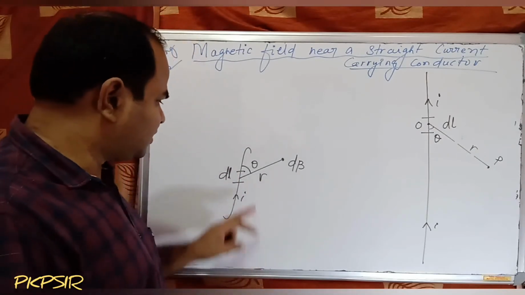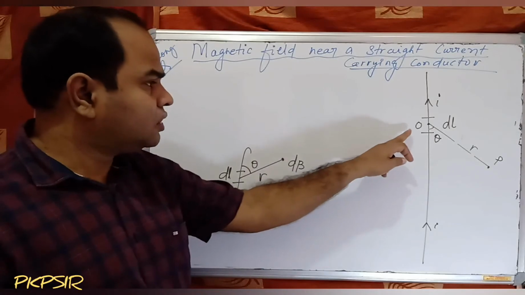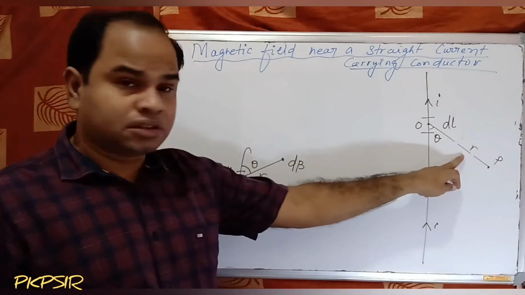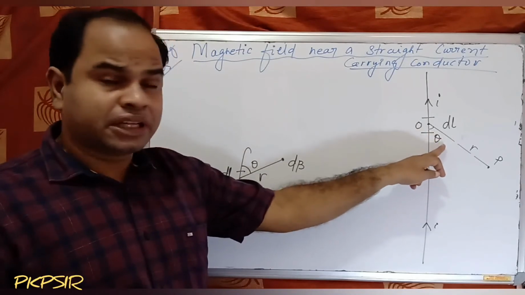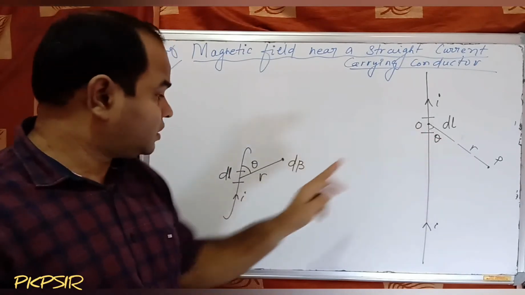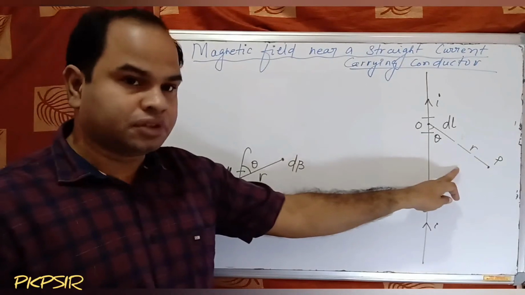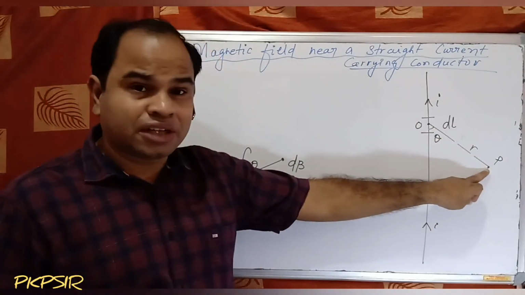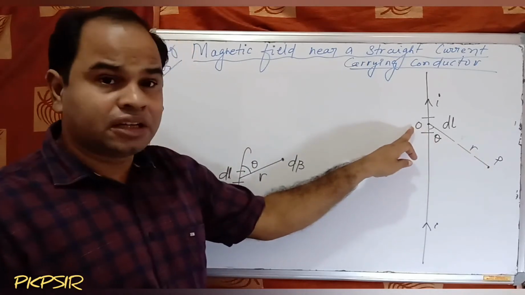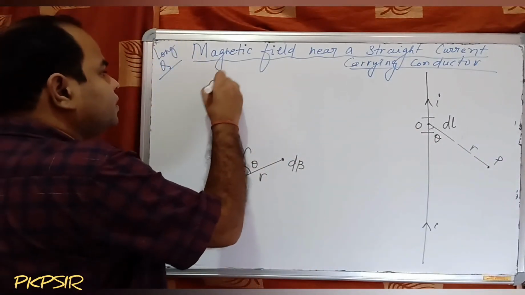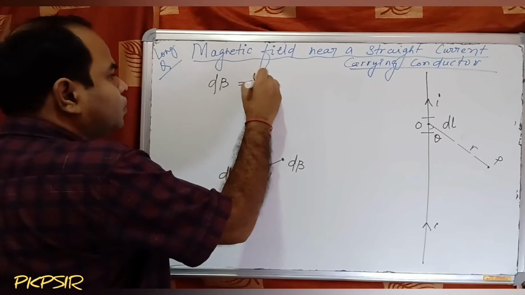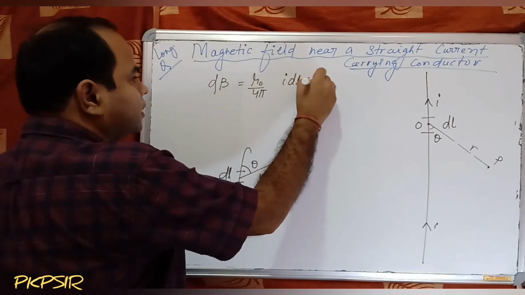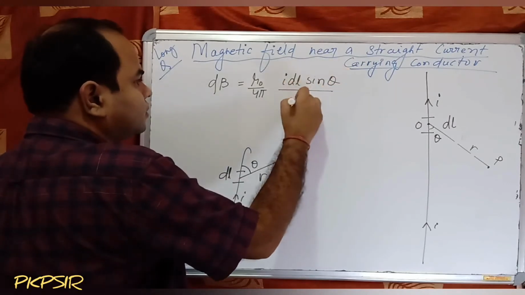So the small magnetic field produced at point P due to this current element, this dB, is equal to mu naught by 4 pi I dl sin theta divided by r square.